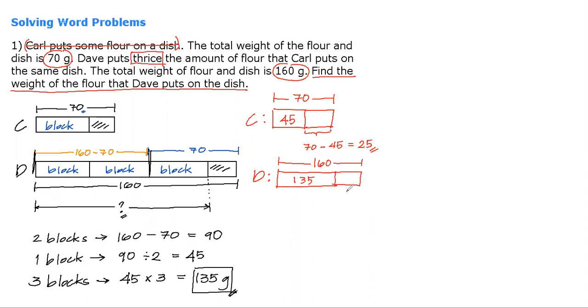To find out this part, 160 minus 135, and the difference will become 25 also. If they are the same, therefore, our answer might be correct. And also, it's not only might, it is really correct. That is one of our strategies.